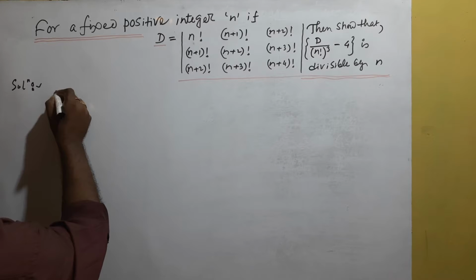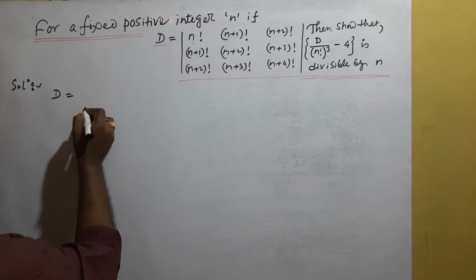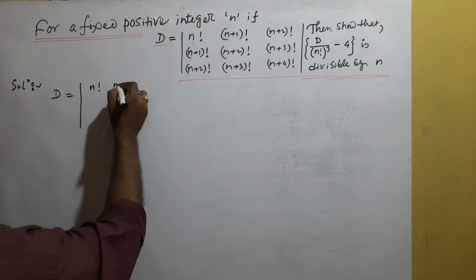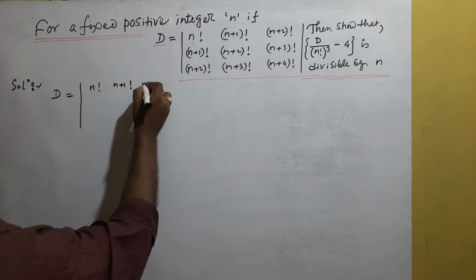so first simplify the given determinant D. First we write factorial n, copying the question here.